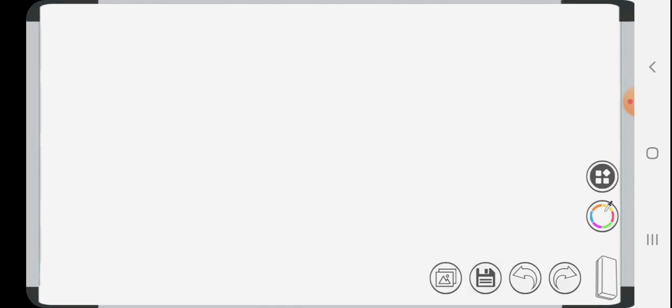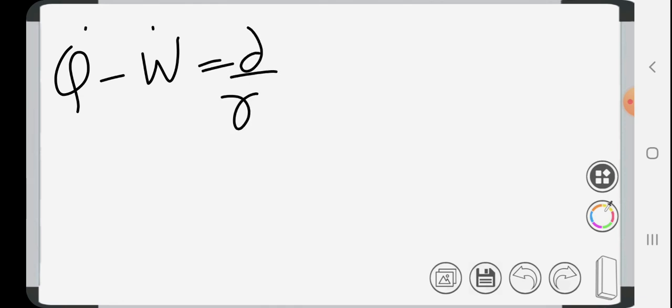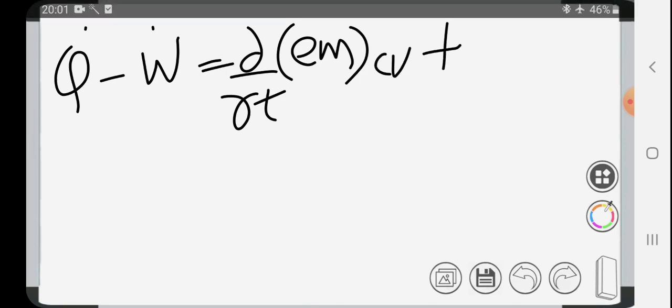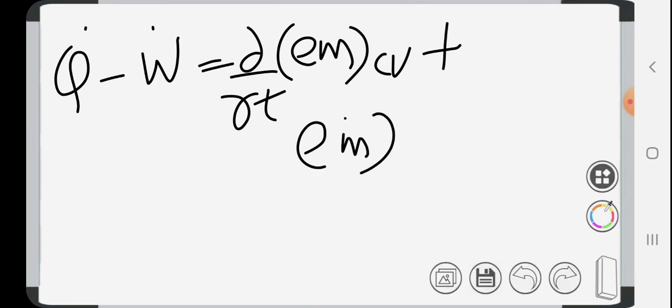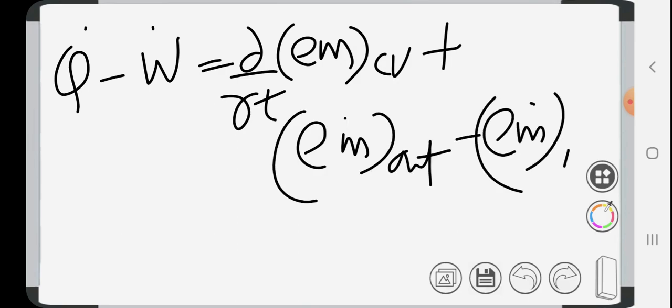So we have already studied Q dot minus W dot equal to dou by dou t of m e in the CV plus e m dot out minus e m dot in, right? So what is this e? Small e means total energy.